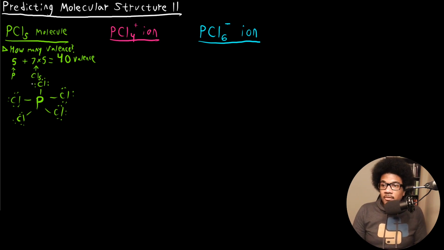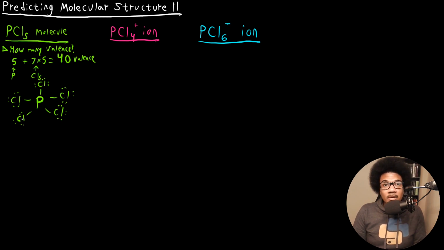That gives us a valid Lewis structure as a starting point. We've accounted for all 40 valence electrons in PCl5, and we've connected them to the central atom. Since phosphorus is in period 3 or below, it's fine with this expanded octet.